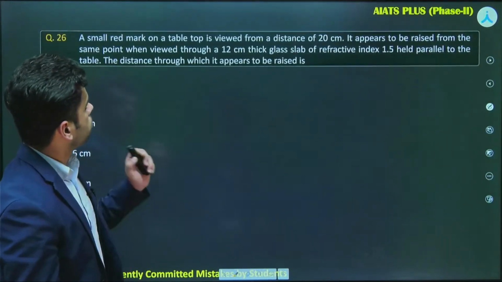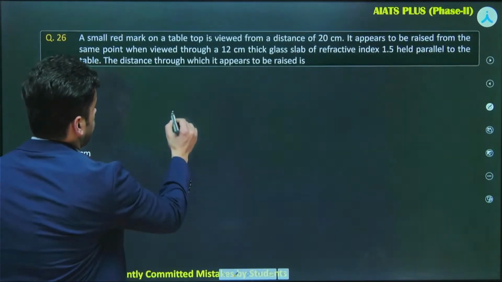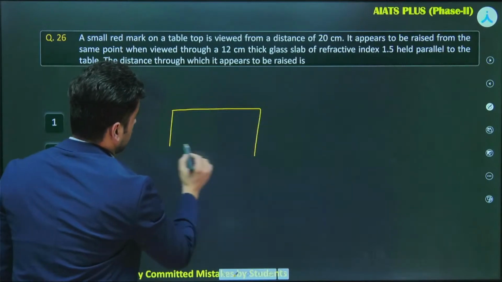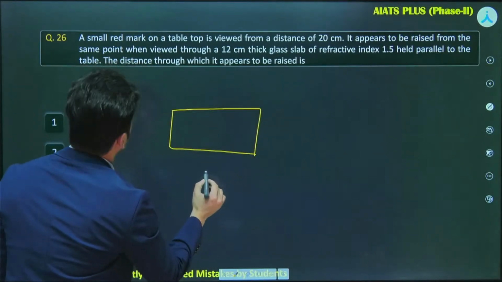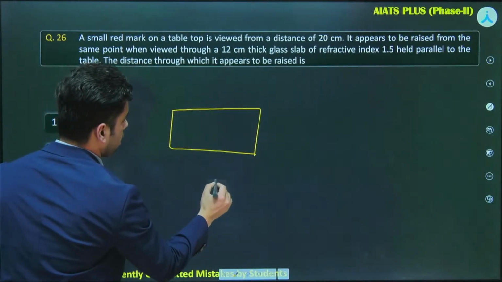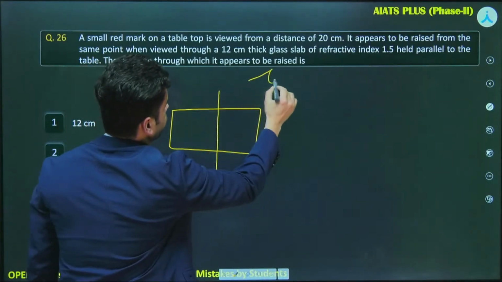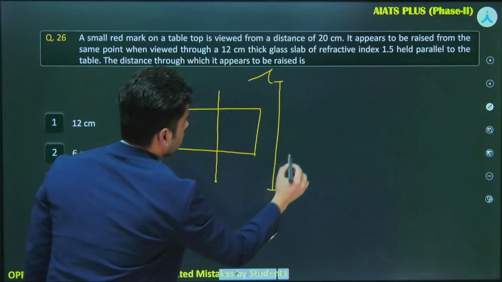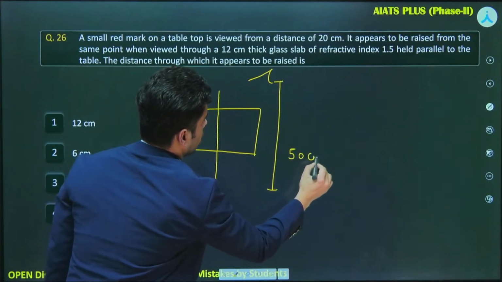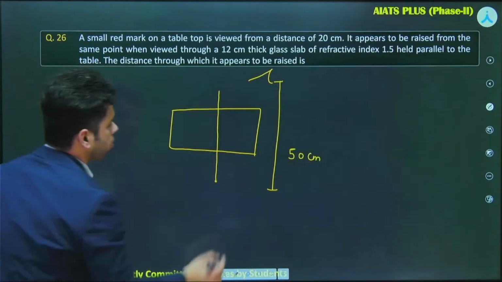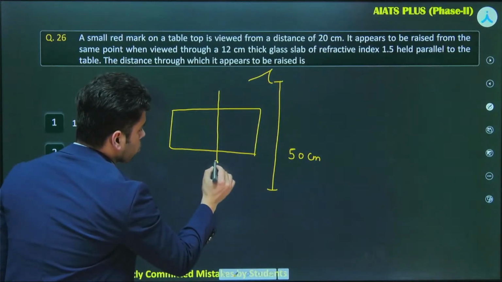Now, according to the problem, here is your glass slab, here is your red mark, and they are asking that if an observer is over here, at a distance of 20 centimeter, up till which point this object will appear to be raised. So let us assume that it appears to be raised over here.